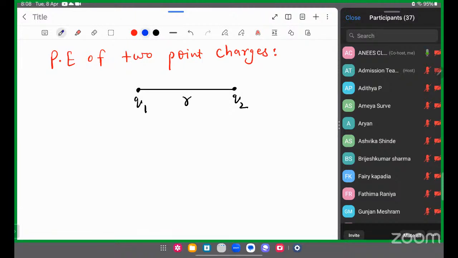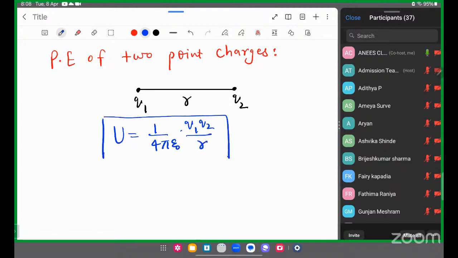The potential energy of this system will be U equals 1 upon 4 pi epsilon naught, Q1 Q2 by R. This is the potential energy for a system of 2 point charges Q1 and Q2.